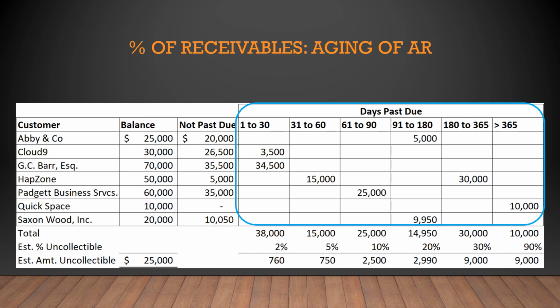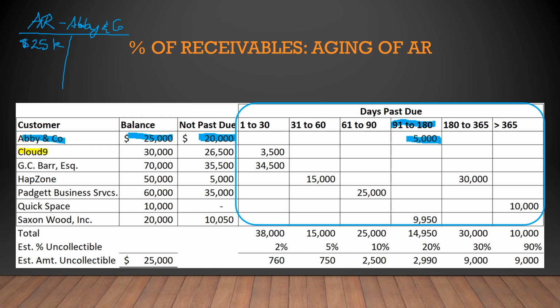For example, Abby & Company currently has an AR balance of $25,000. Of that $25,000, $20,000 is not yet due, but $5,000 is overdue by between 91 to 180 days.